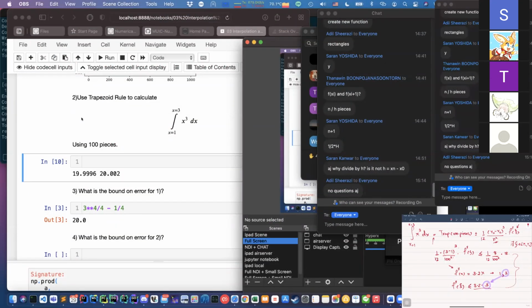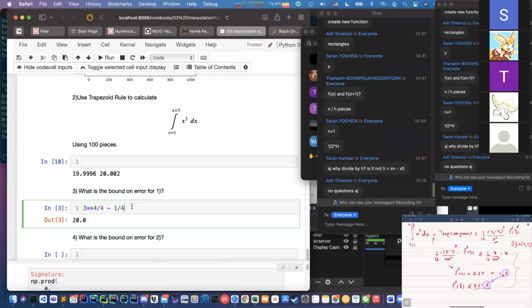Okay. So bound on error, we can write a function to do it, right? If we are really lazy. We have what? 1/12, right? 1/12 times 8. 8 comes from like 3 minus 1, cubed, and then divide by 100 squared.